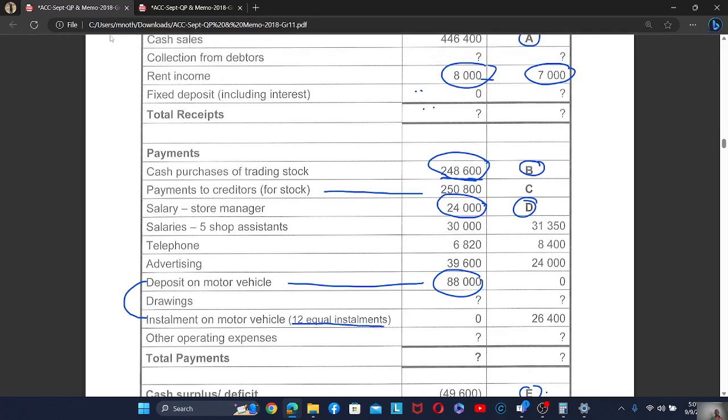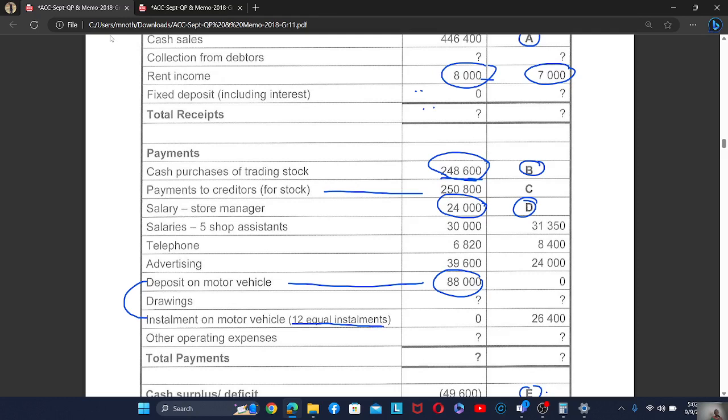What do they mean by deposit on motor vehicle? It means that when we were going to the dealership, we paid a deposit of 88,000. And it means the balance is on installments, like every month you have to pay, until we finish the remaining balance.